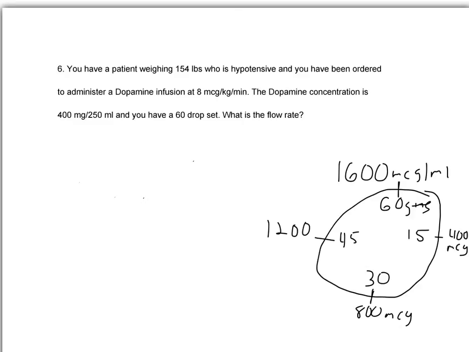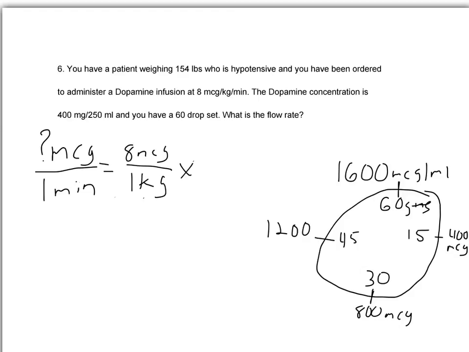So now we need to know how many micrograms we are going to administer over 1 minute. And 154 pounds, so our ordered dose, our desired dose is 8 micrograms per kilogram, times 69 kilograms, which is 154 pounds from the last question.